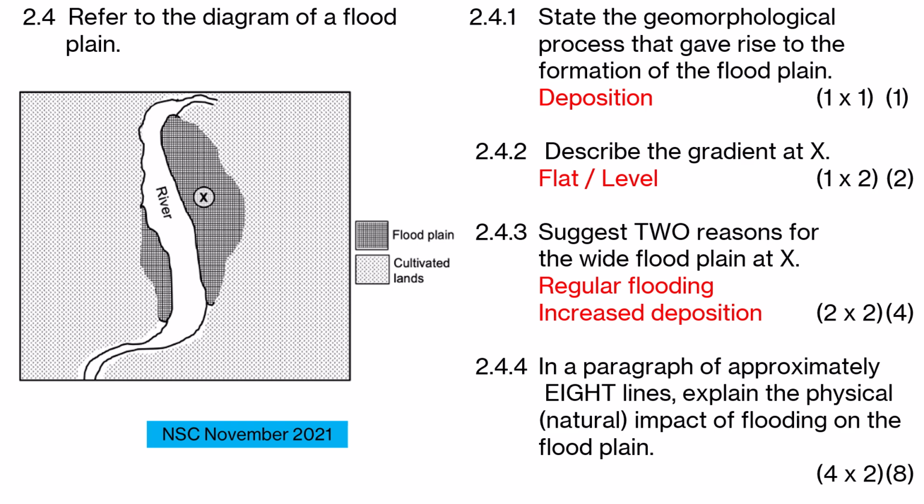So in this case, the floodplain is quite wide at point X because of repeated flooding as well as additional or increased amounts of silt that was deposited on the riverbank. Question 2.4.4, in a paragraph of approximately 8 lines, explain the physical or natural impact of flooding on the floodplain.